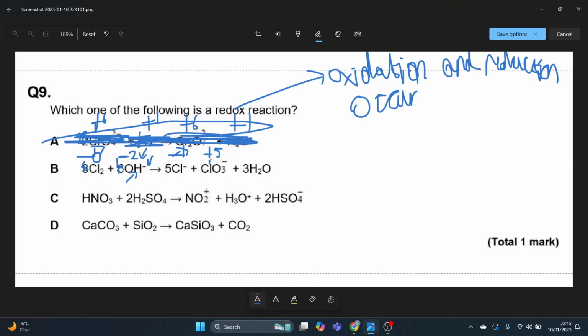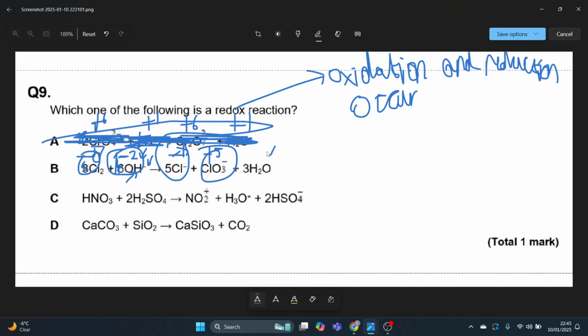So that is a redox reaction because we go from 0 to minus 1, and we go from minus 2 to plus 5.